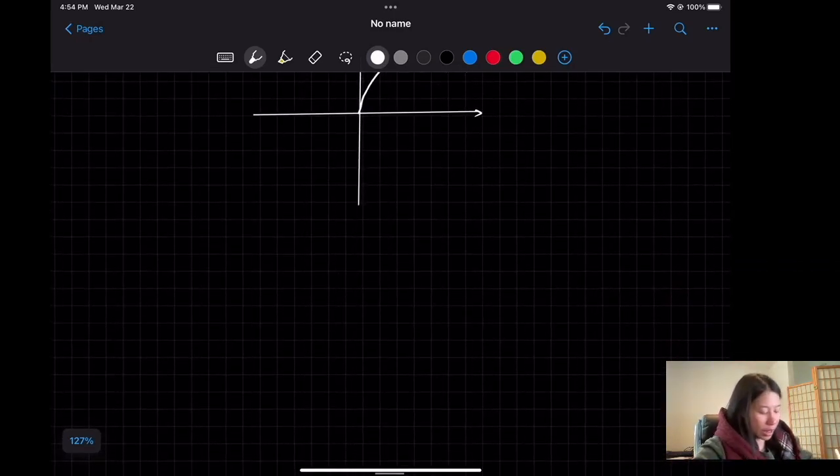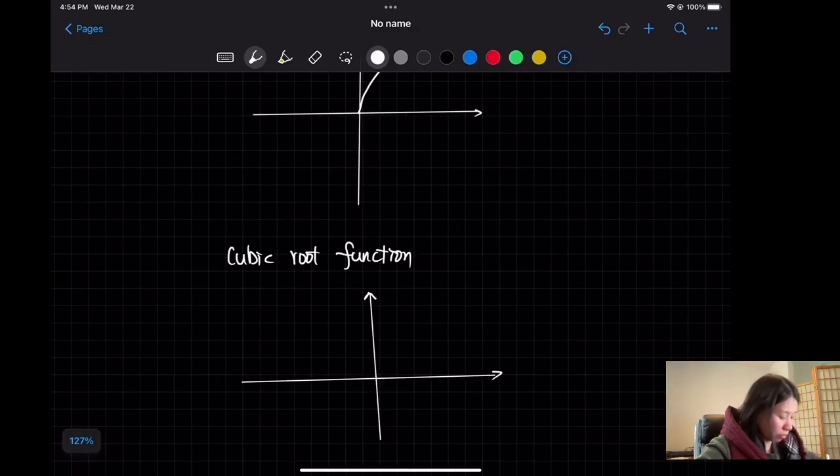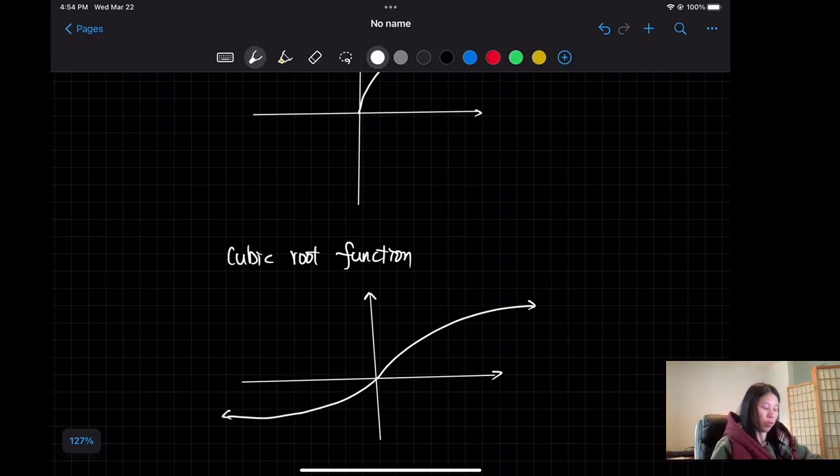The last one is the cube root function. So this is the cube root function. So these are the basic functions that we have.